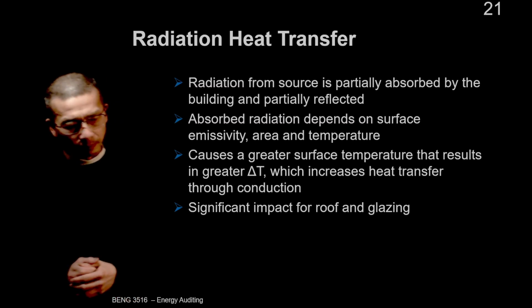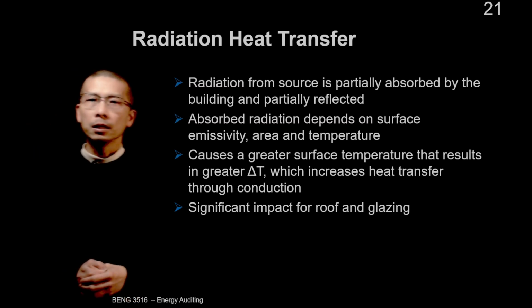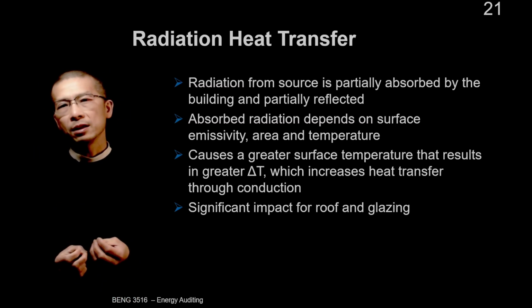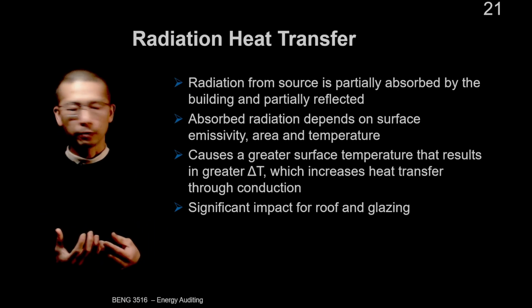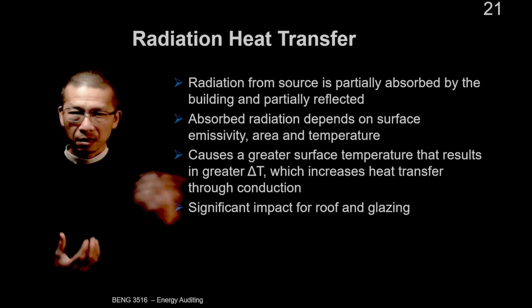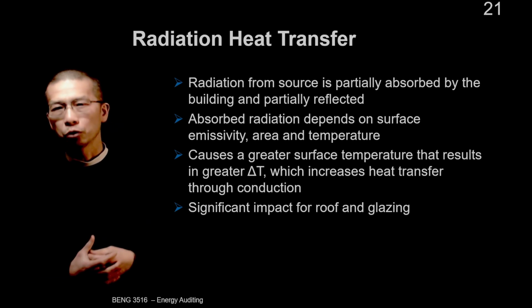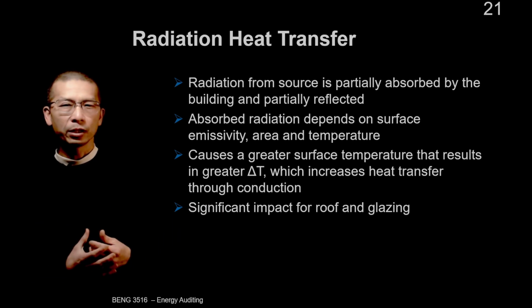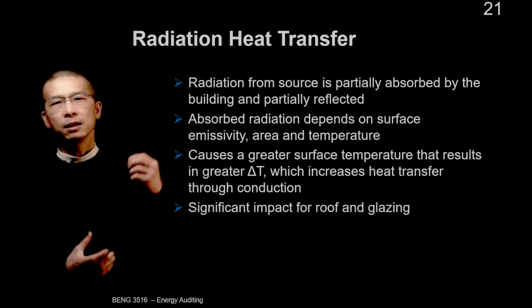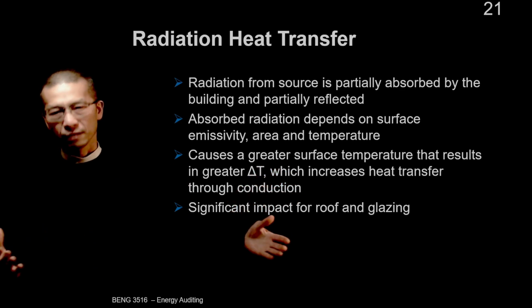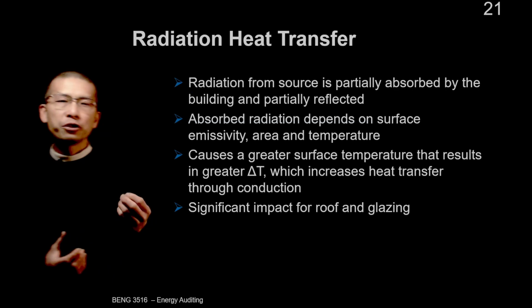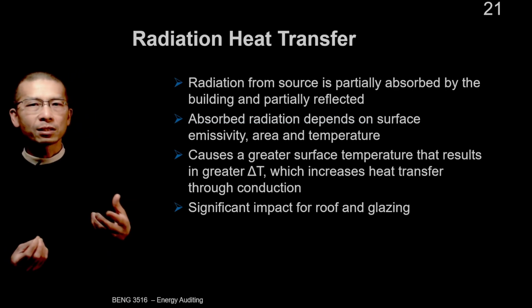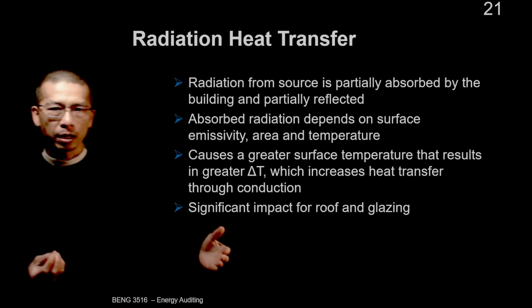Radiation. Radiation is probably the most complex form of energy movement. Unlike thermal heat transfer, conduction, which requires physical contact, radiation is energy traveling as waves. And when the radiation hits the buildings, it doesn't just go through the building directly.